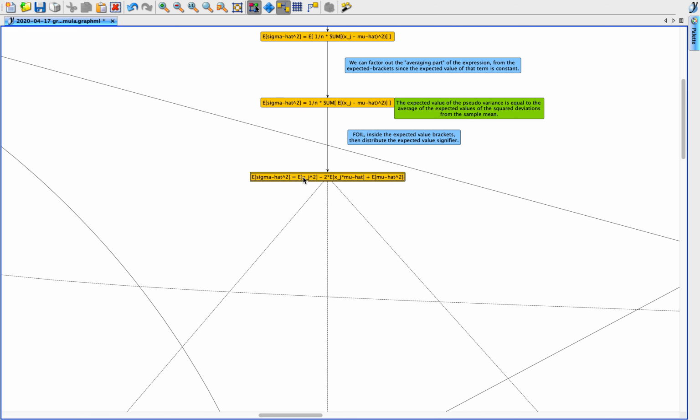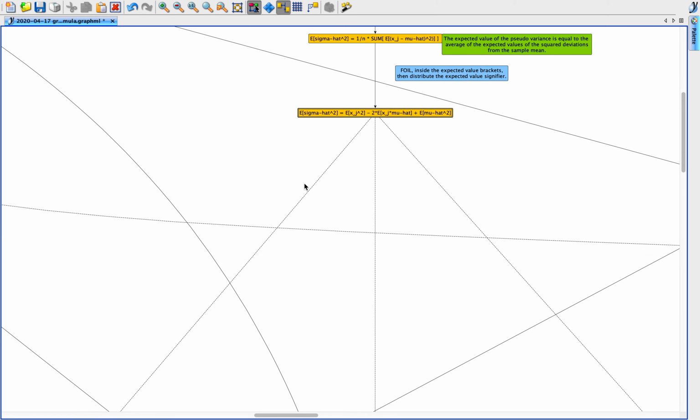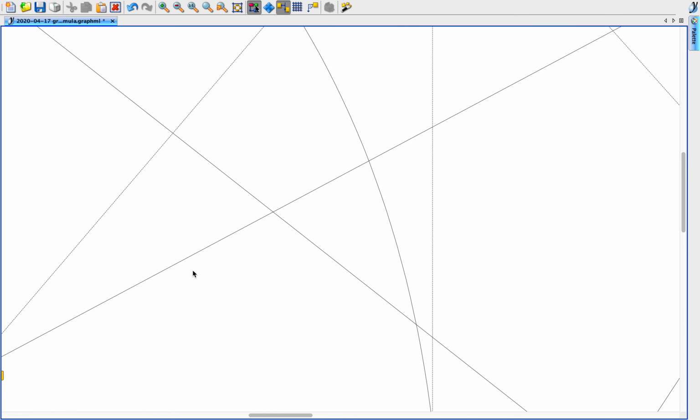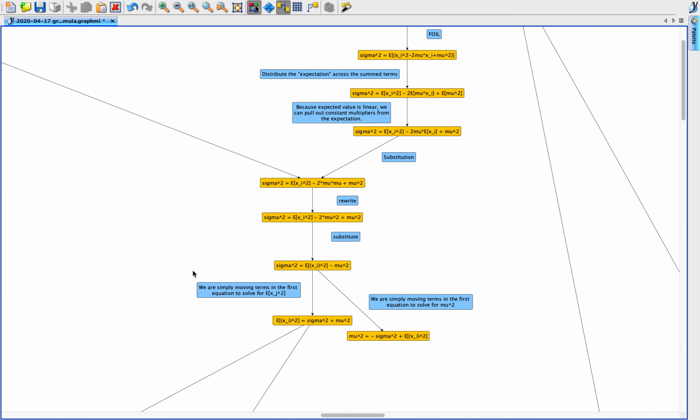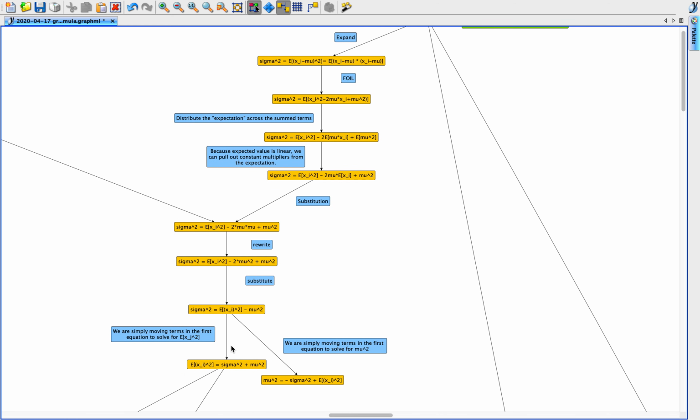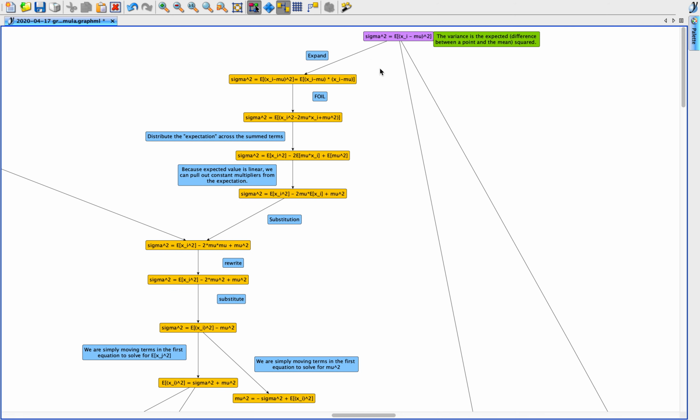So we take the first one, the expected value of xi squared. And in order to do this, we're actually going to need to substitute using the thing that we skipped earlier. So we can derive the expected value of xi squared from the fact that sigma squared is equal to the expected value of xi minus mu, squared.